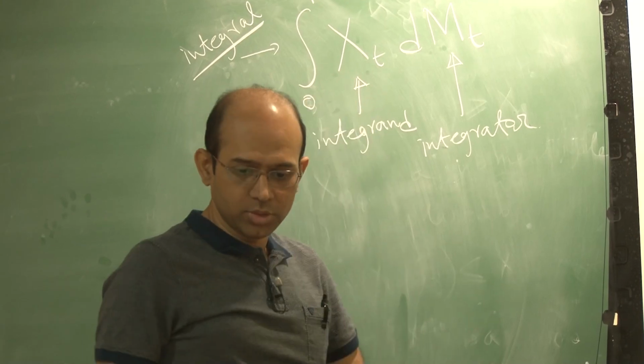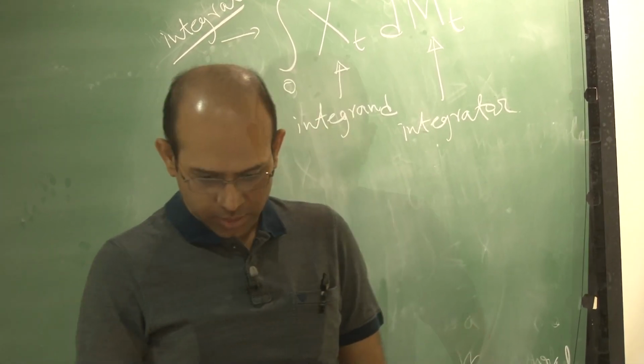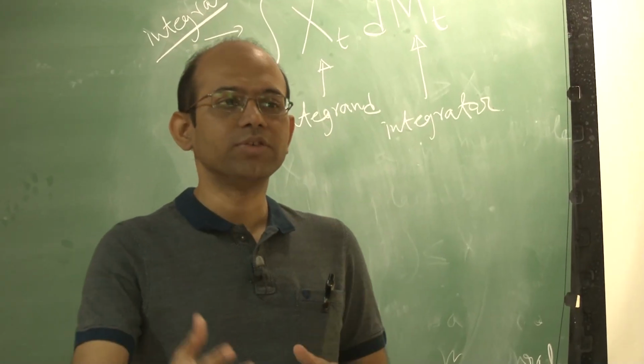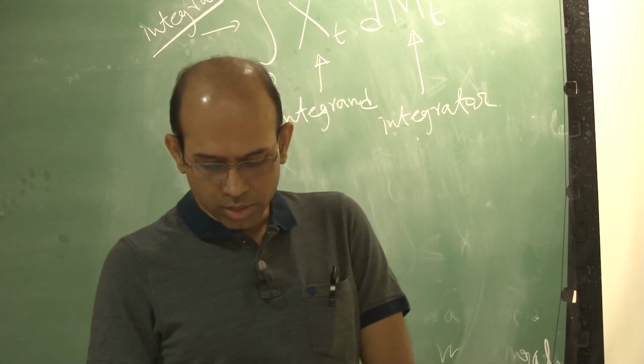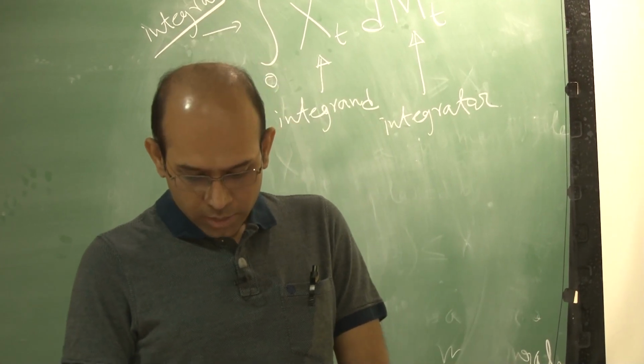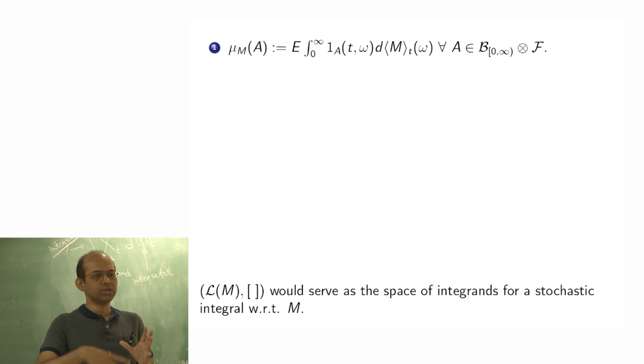Now I focus on integrands. Basically, you have to talk about the space of integrands and appropriate norms etc. So, let us consider a measure on the set of time and omega.